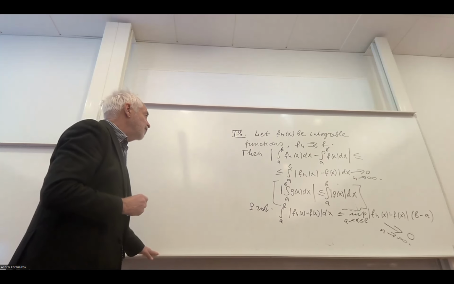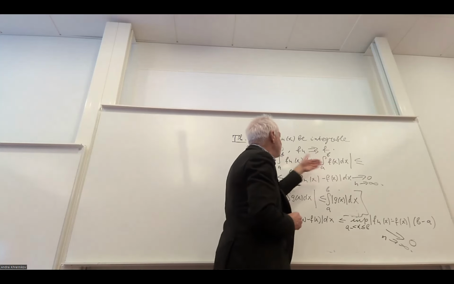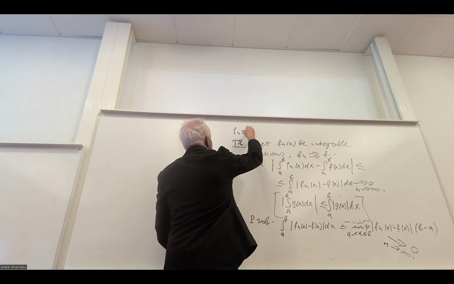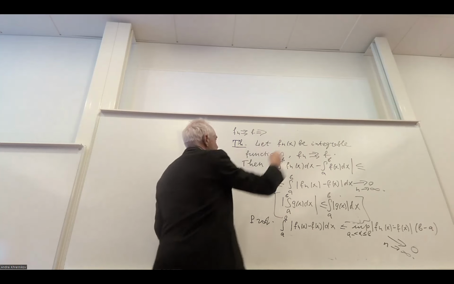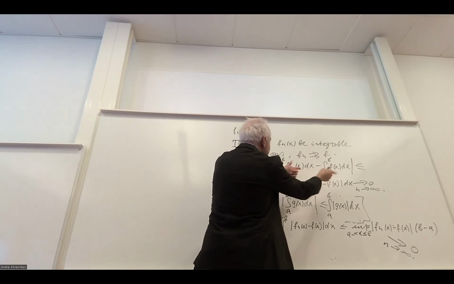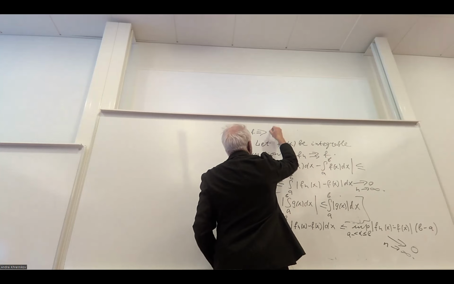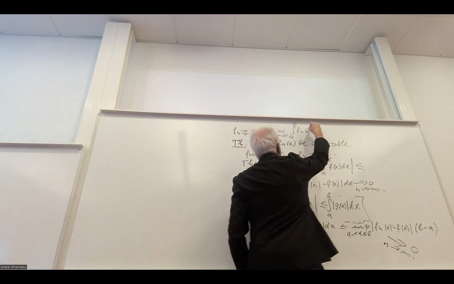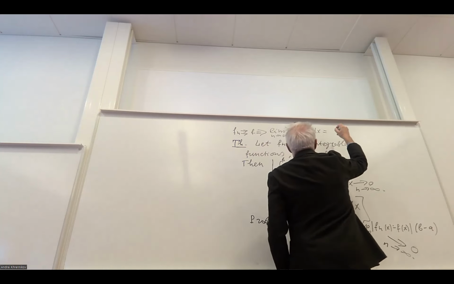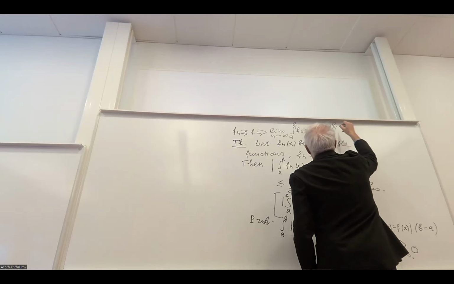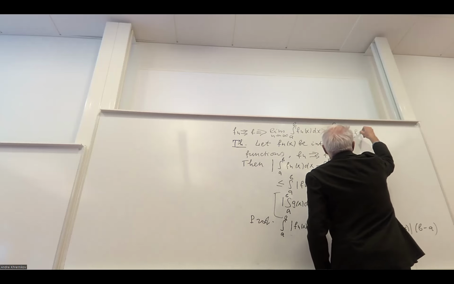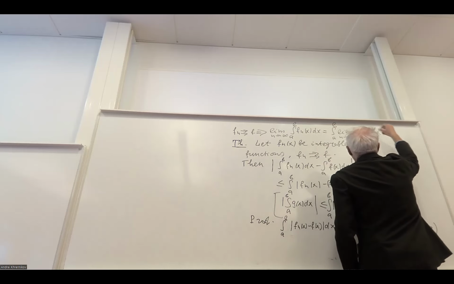In particular, since the difference between the two integrals goes to 0, f_n uniformly to f implies that you can exchange the limit of integrals with the integral of the limit. The limit as n goes to infinity of the integral of f_n(x) dx is the same as the integral of the limit, which is f(x).